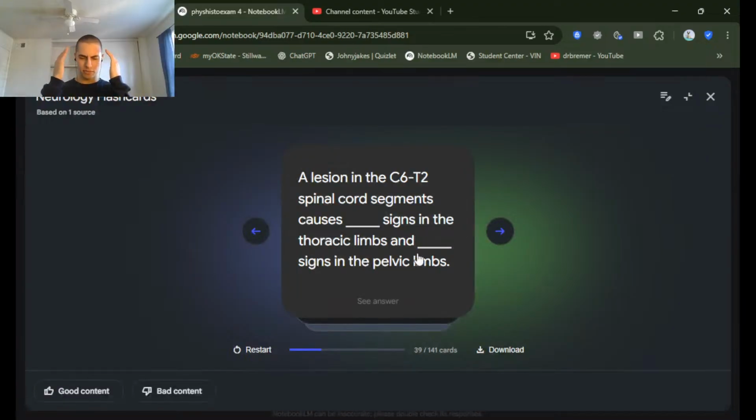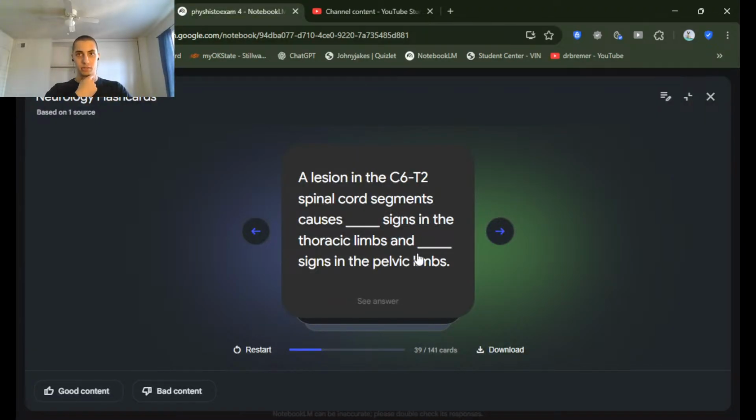So if there's a lesion up here, lesion just means damage of any kind. Could be due to disease, a tumor, or trauma. If it is before, meaning above the thoracic limb or the pelvic limb, you are going to have upper motor neuron signs in those limbs.